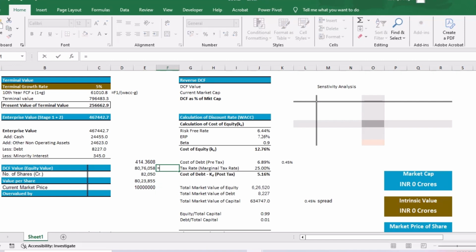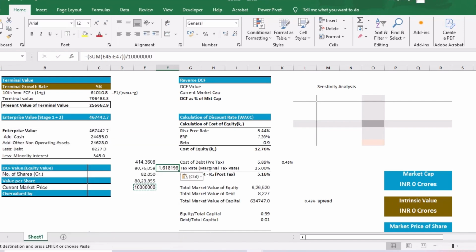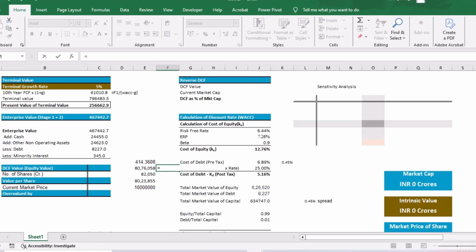So calculate the sum of this, and then divide it or convert it into crores. This is the figure I've just added. So I will just add it.